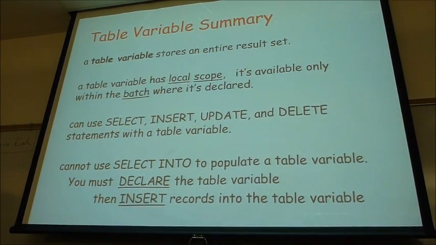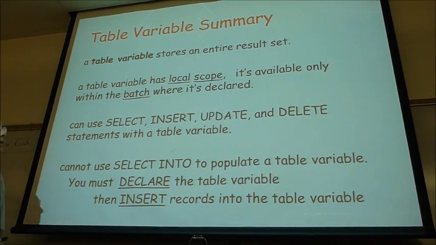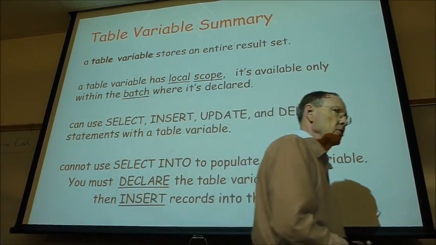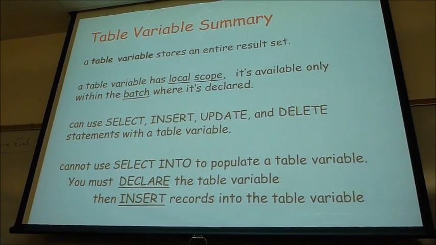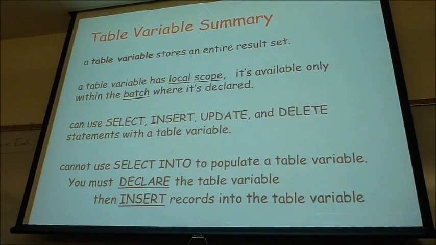Now, some things we can do and what we can't do, the restrictions. Number one, it stores an entire result set. It's like being in the accumulator, and the accumulator is not limited to some small region, just the region necessary to hold the result.